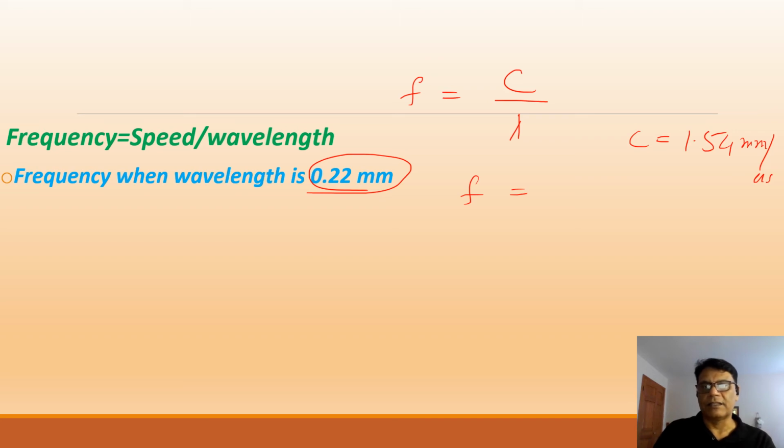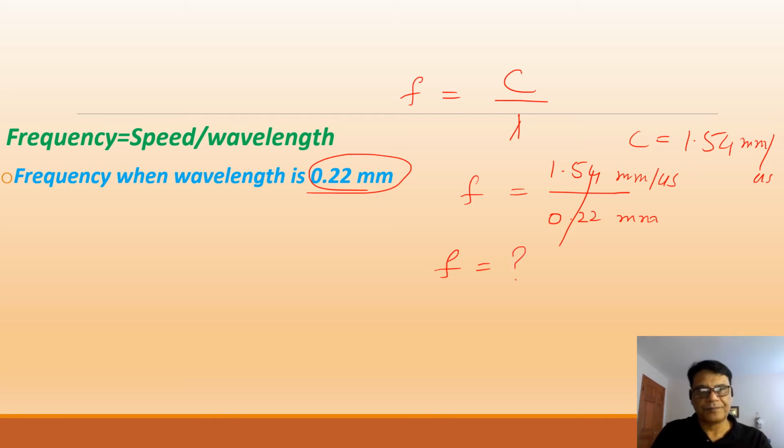It's a constant. So put the value of C, 1.54 millimeter per microsecond, divided by wavelength 0.22 millimeter. And when you divide these, you will get your answer.